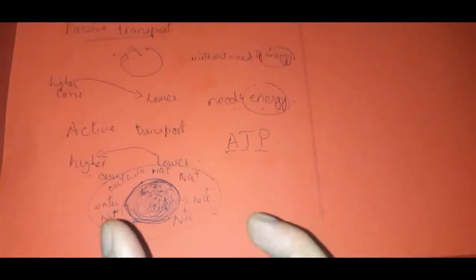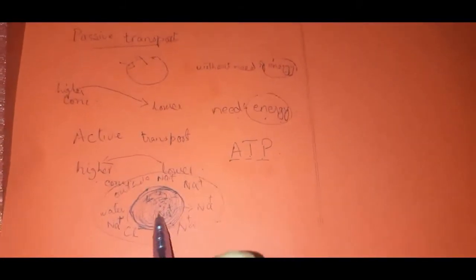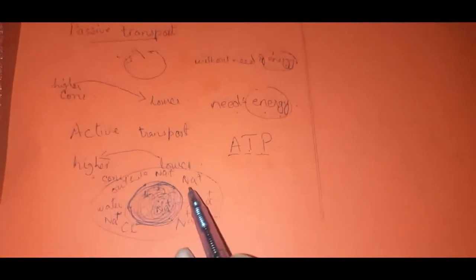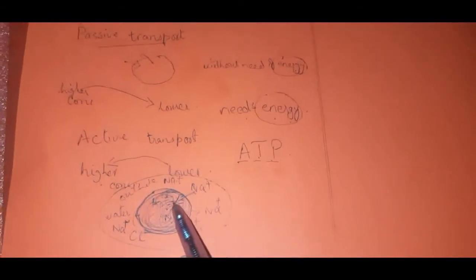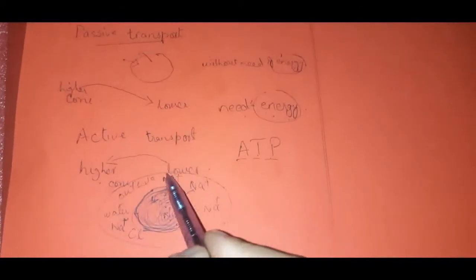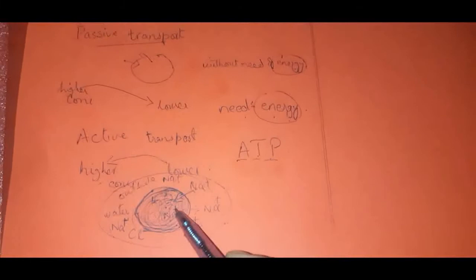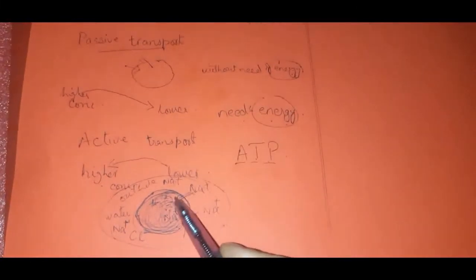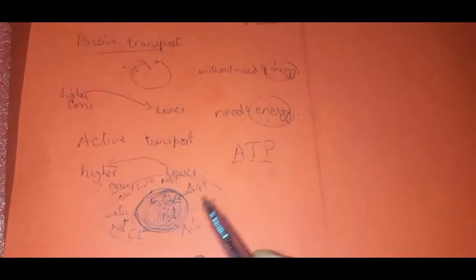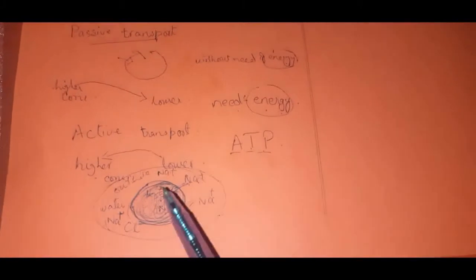But when the cell requires sodium ions, then these sodium ions from outside will go inside, and as the concentration outside the cell is more, it will not require any energy, and then we call it passive transport.